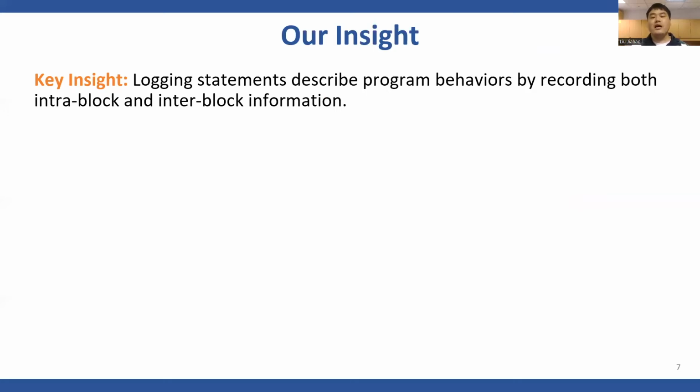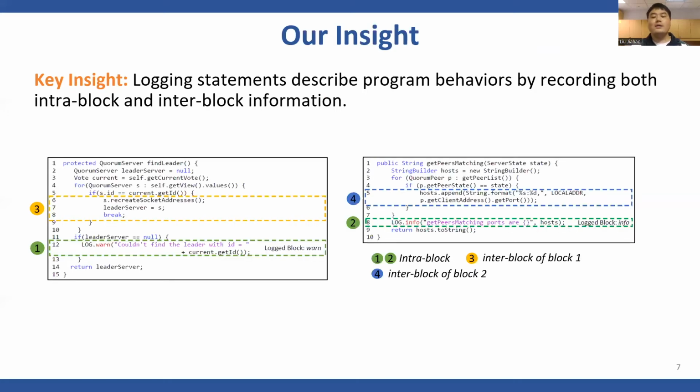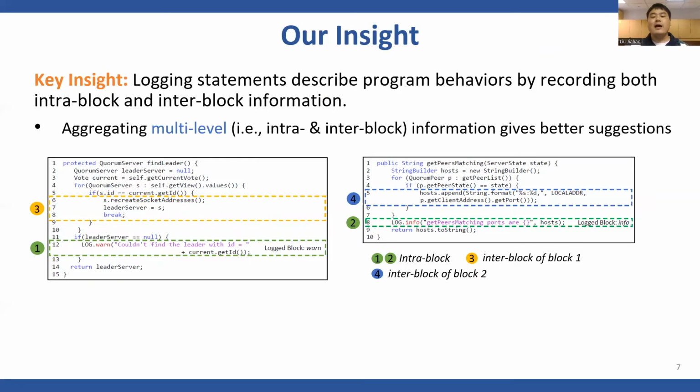Therefore, it is not enough to predict log levels if we only consider intra-block information. For example, both block 1 and 2 only have one logging statement sharing similar intra-block information. If we only use intra-block information to predict log levels, they are given the same level. However, if we can aggregate multi-level information, we can find their difference easily.